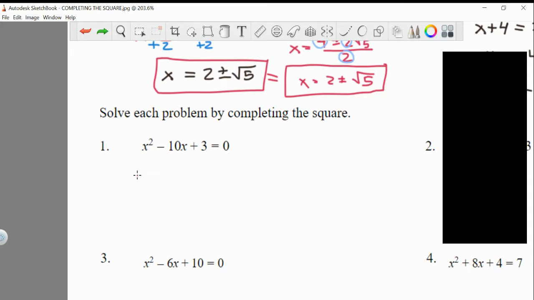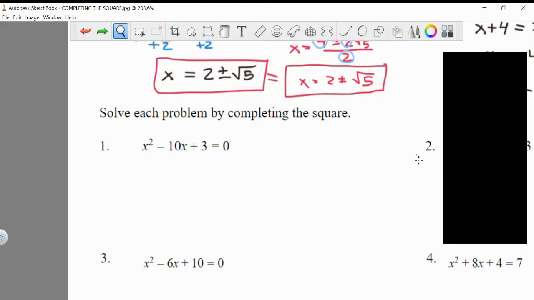Now, what makes this stuff so tricky is that you need to create a squared factor, okay? You need to be outsmarting the question. Right now, it doesn't factor at all, okay? It's not just going to present you with squared factors. You need to make it happen. So here's what we're going to do, okay?